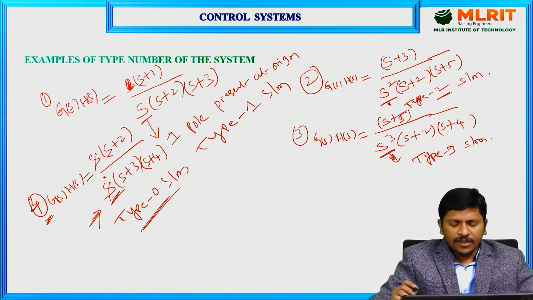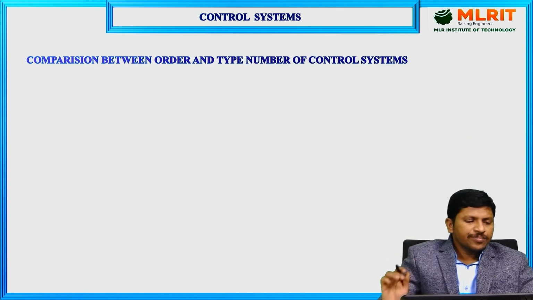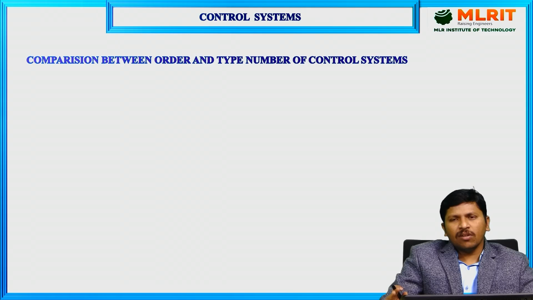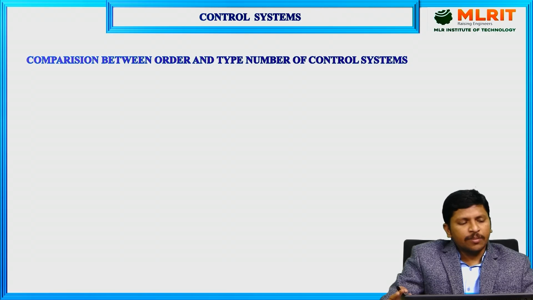Simple, right? Next, coming to some comparisons of order and type number for some examples. I am going to consider some examples to calculate the order of the system and the type number of the system, just as a comparison. The order of the system can be determined for open loop as well as closed loop control systems.